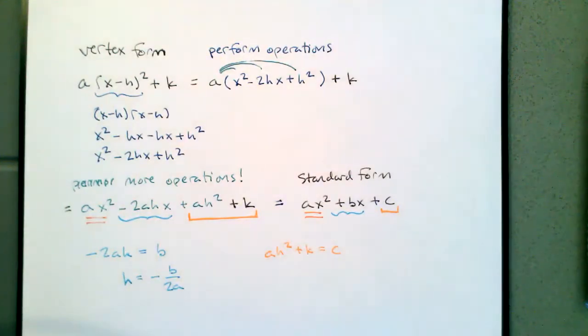Which is not quite as useful. It involves kind of too much stuff. So it would be easier to find the y-intercept by just plugging in 0. All right, so now this justifies our formula h equals negative b over 2a for the x-coordinate of the vertex.